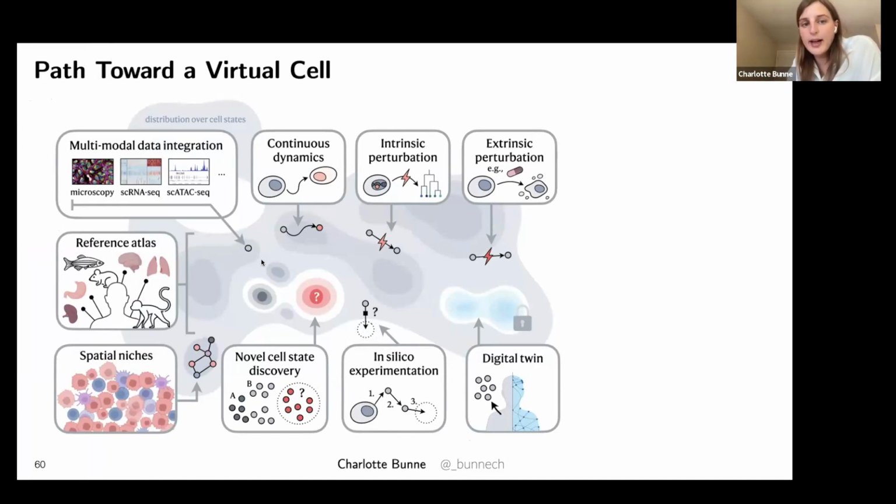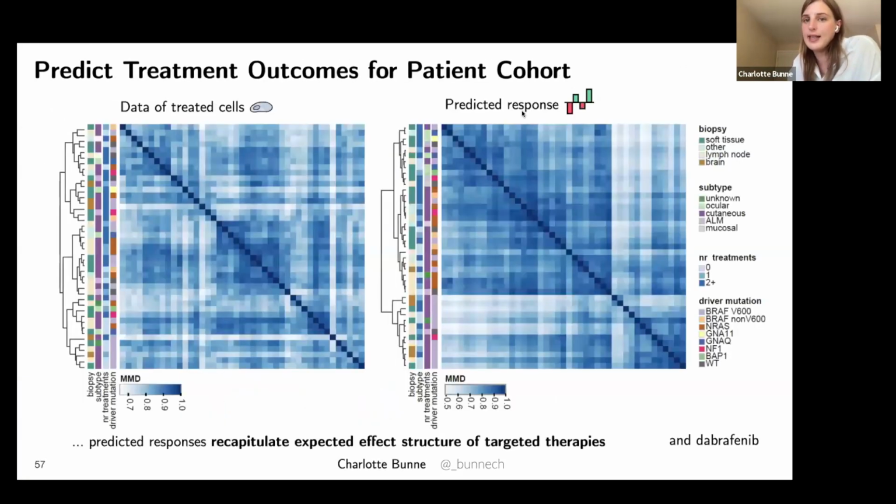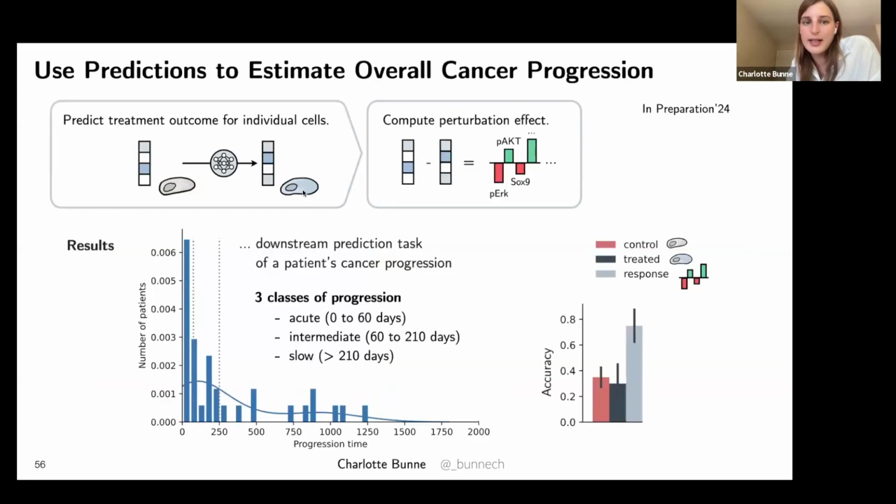For the work I showed you on the slides before, this is less relevant, because what really matters is predicting the response of individual cells. It's not that every cell state we predict upon treatment is individually evaluated, looking at every single gene.